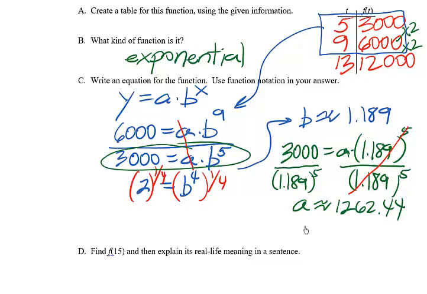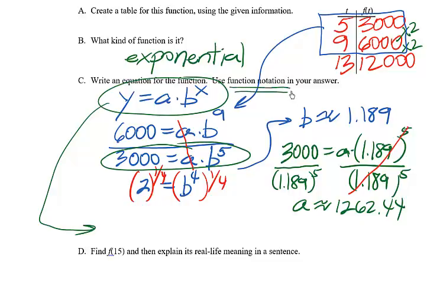All that's left is to now fill in the values of a and b that we found into our original model. While I'm at it, let's go ahead and use the right variables. The instructions do say that we're supposed to use function notation in our answer. So in the place of the y, I will write f of t.